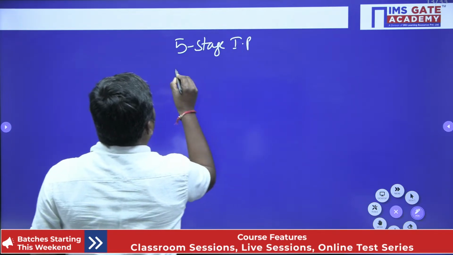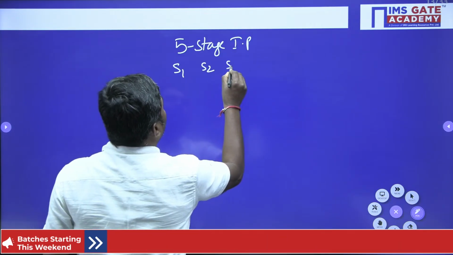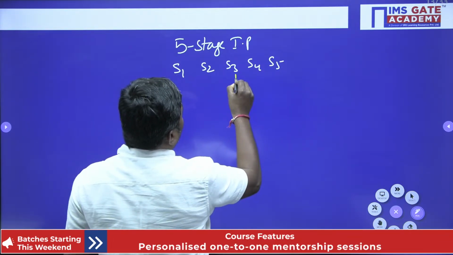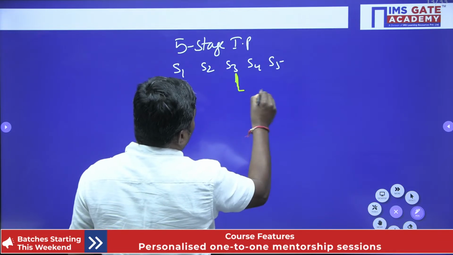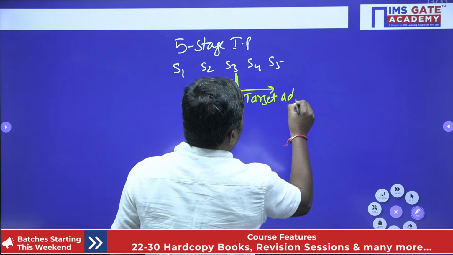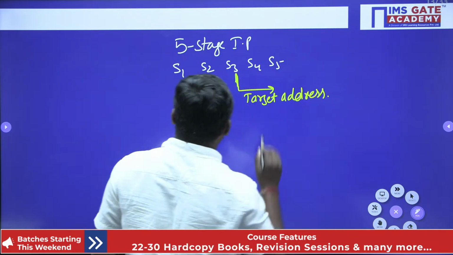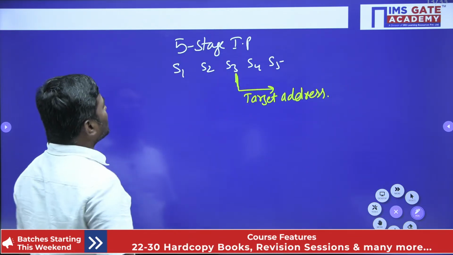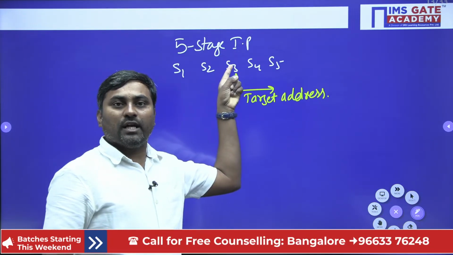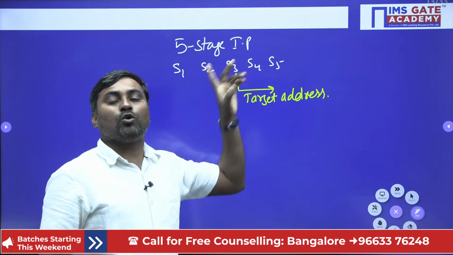Now understand stage 1, stage 2, stage 3, stage 4, stage 5. Who is the address generator? At the end of the third stage we will get the target address. Whenever you fetch and decode a branch instruction, only at the end of the execution stage, the third stage, will we get the outcome.